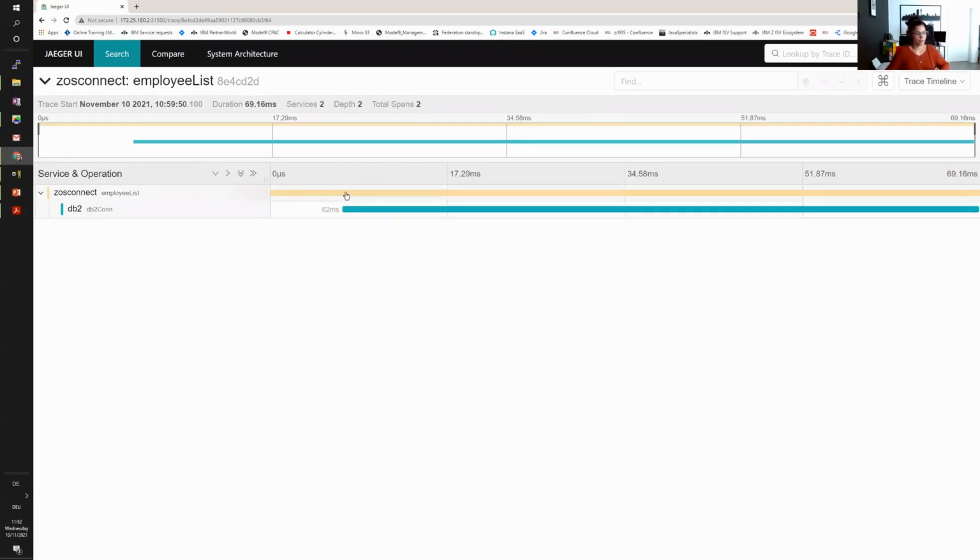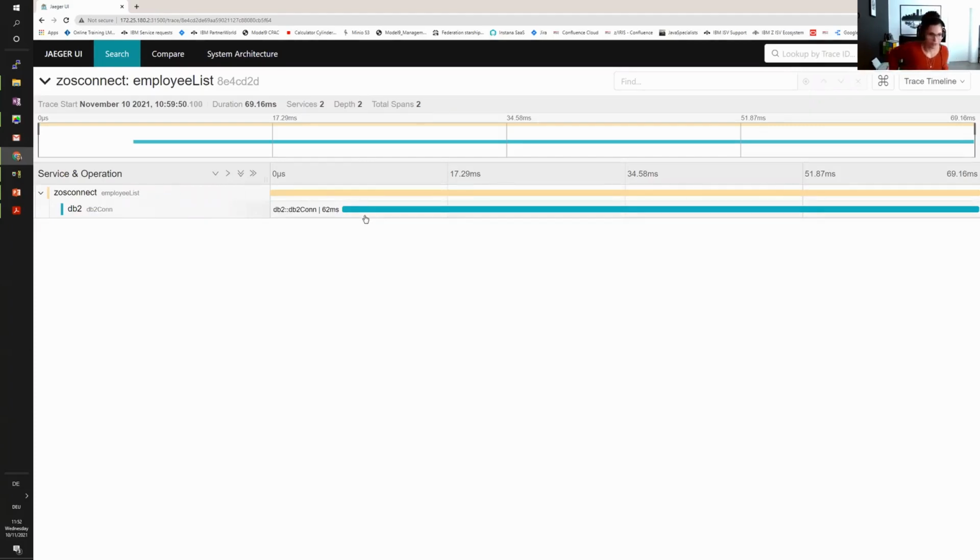We know how much time is spent on each tier. I can see how much time is spent in z/OS Connect, and I can see how much time is spent in DB2. I can tell just from this overview that DB2 is where we have the majority of the time spent for this request.